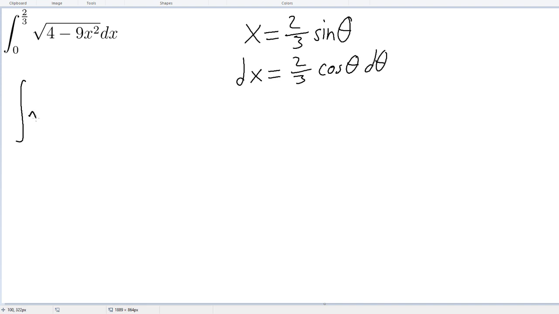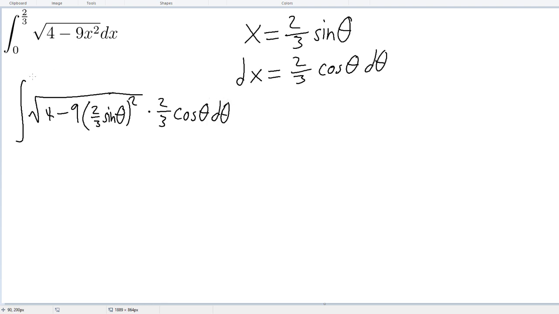We have the square root of 4 minus 9x squared, where our x is 2 over 3 sine theta, squared. And then our dx is times 2/3 cosine theta d theta.